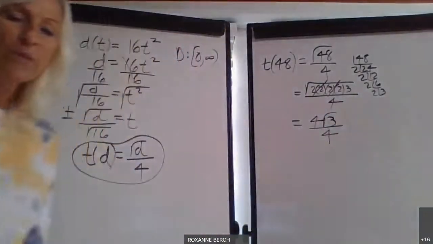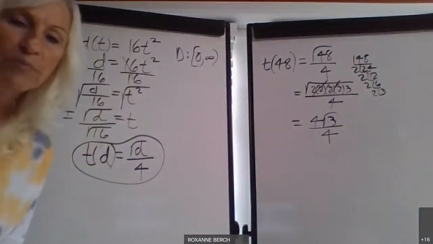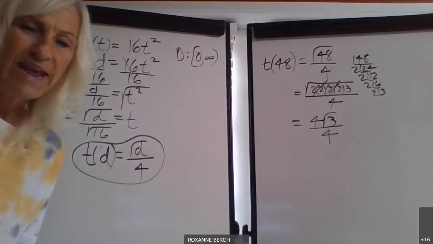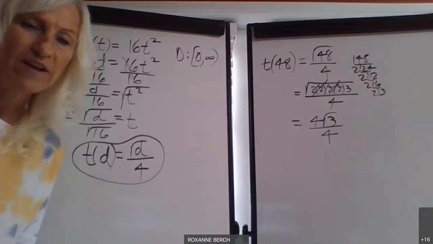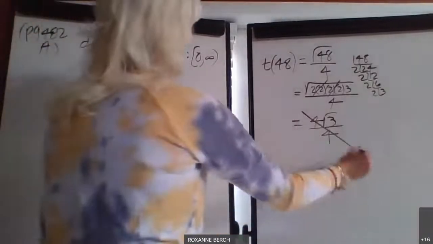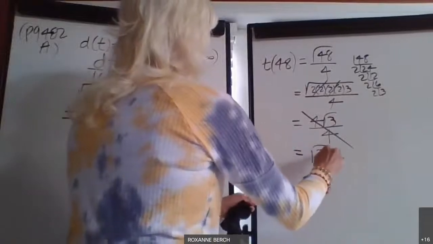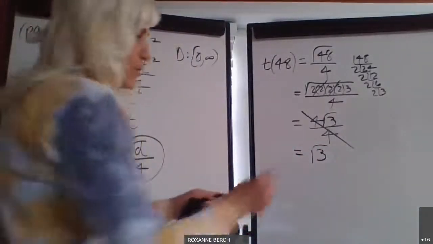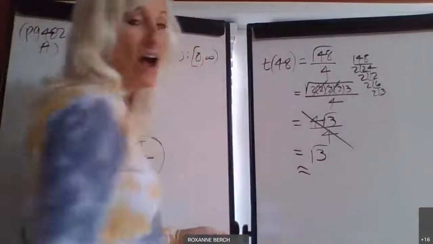And can you cancel the 4s? Can you cancel parts of a product? Yes. So that's our answer, which makes no sense in a real life problem. So we're going to have to put it in the calculator.